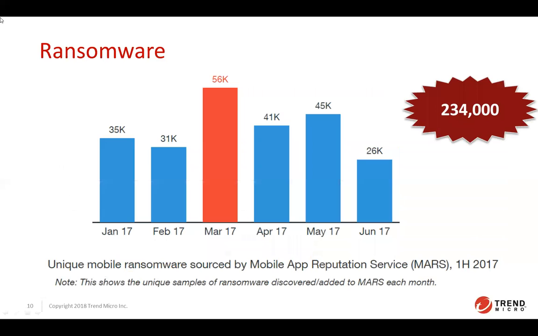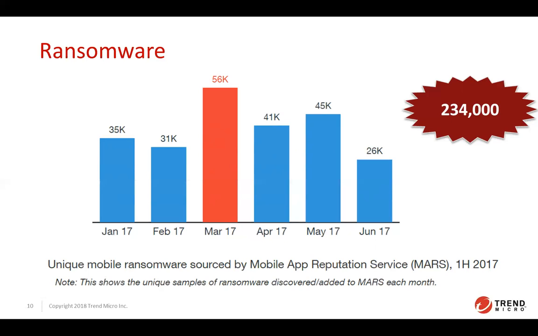And as I mentioned, the threat actors are constantly evolving, right? And one area is mobile. You saw on the threat landscape chart that mobile was an area. In the first half of 2017, you can see we discovered unique mobile ransomware sourced by our mobile app reputation service. 234,000 malicious ransomware apps were sourced by our mobile app reputation service in there.